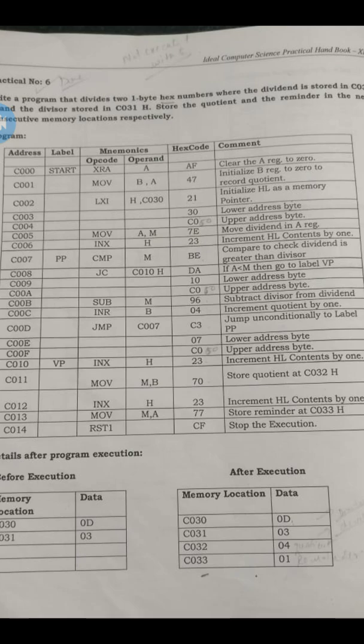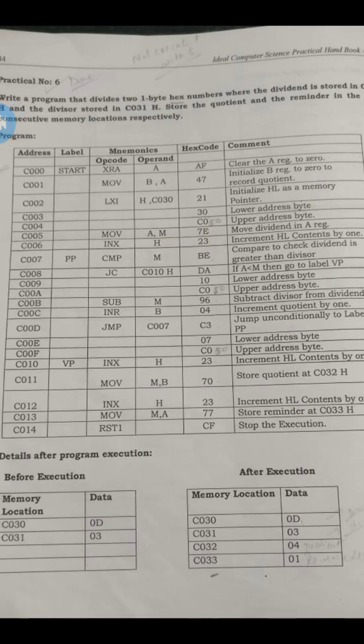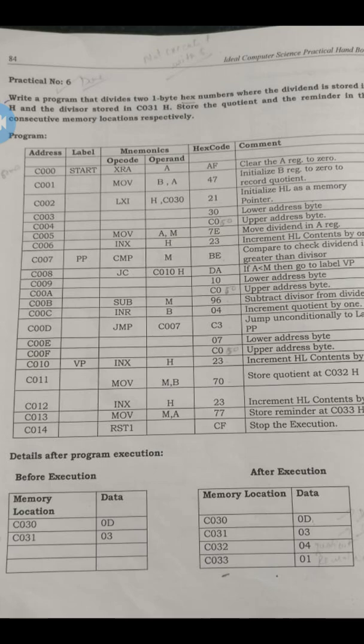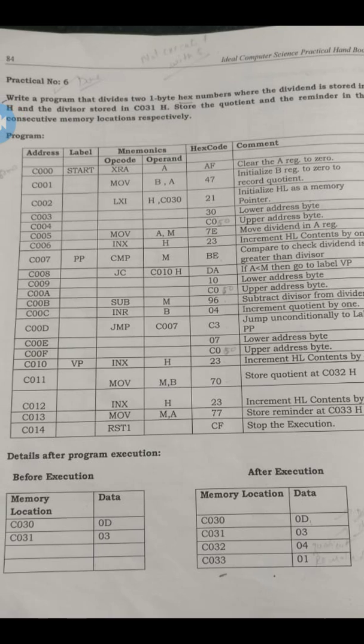Now the third instruction is the LXI instruction. Why are we using the LXI instruction? LXI with C030, meaning 6030, means we have to fetch the data from the memory location. You know the location was 6030 where the data is. You can check the data at the 6030 memory location is 0D.